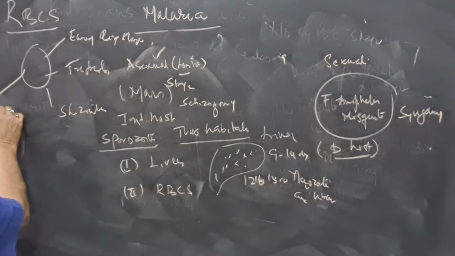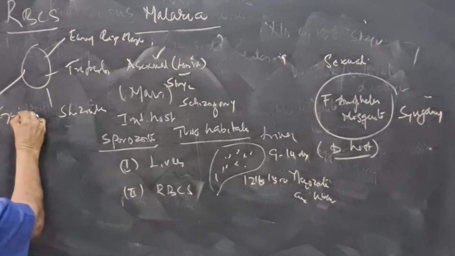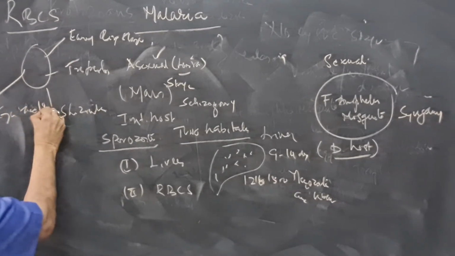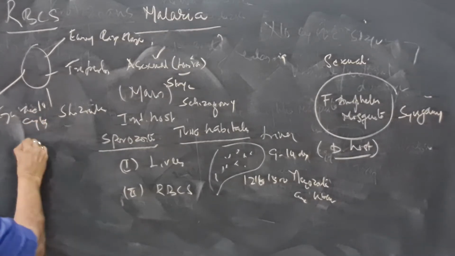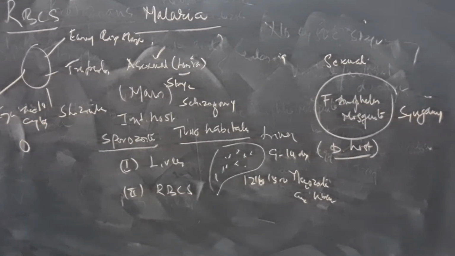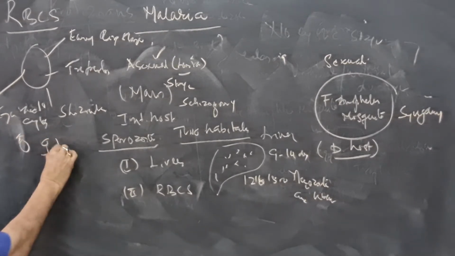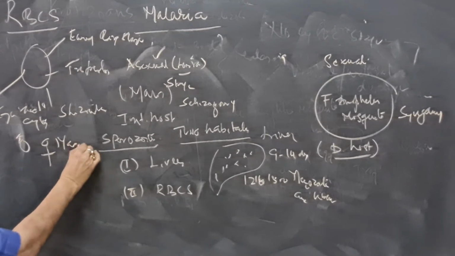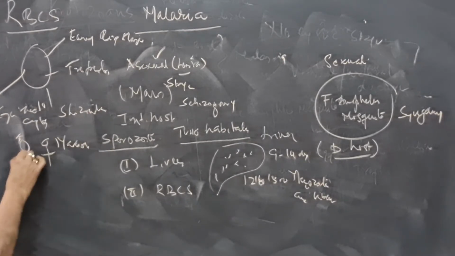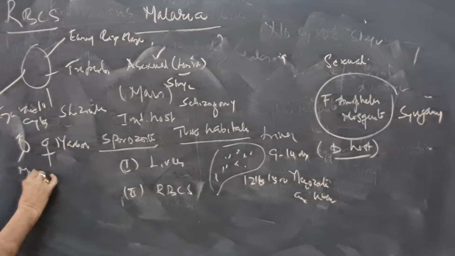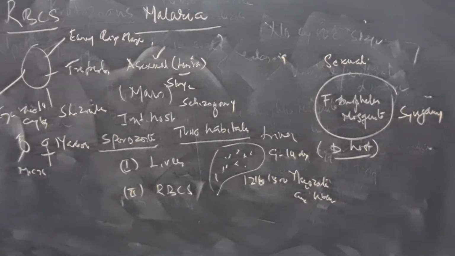Then they break and give rise to gametocytes, microgametocytes and macrogametocytes. Macro is female, which are big, and males are micro.